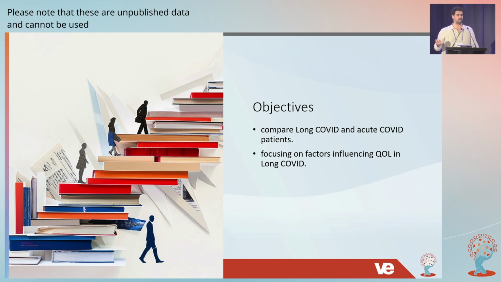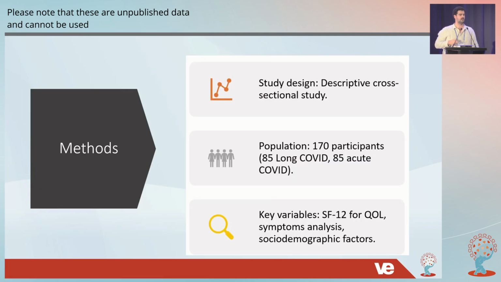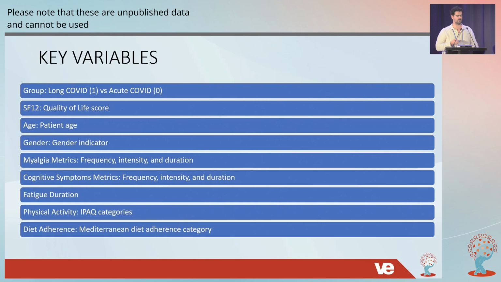So when we talk about quality of life, we basically want to compare long COVID and acute COVID. Where does the persistent symptomatology appear? This is a cross-sectional study with the population I just mentioned, and we use the SF12 to measure quality of life. And then we also do the symptom analysis and socio-demographic factors.